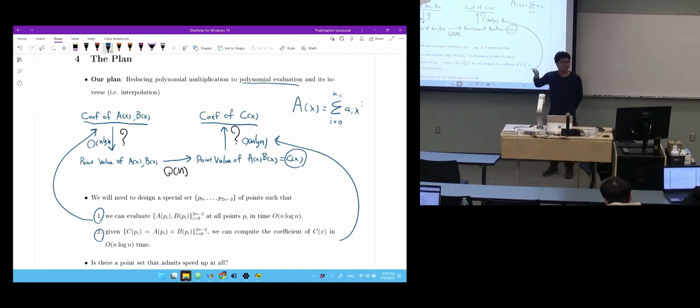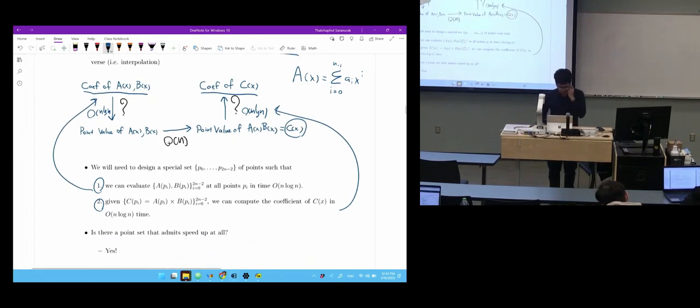So just to evaluate one point, it seems like you need n operations already, because it is a sum of n many terms. Now I want to design n many points so that you can evaluate all of them simultaneously in just n log n time. So how come that's possible? Well, it is, and you will see soon. Okay. So this set of points actually exists.